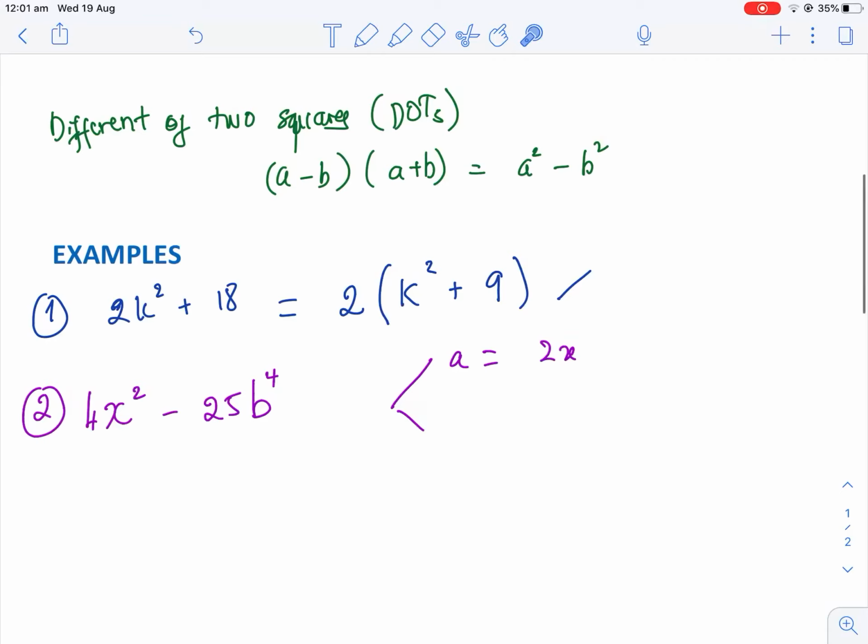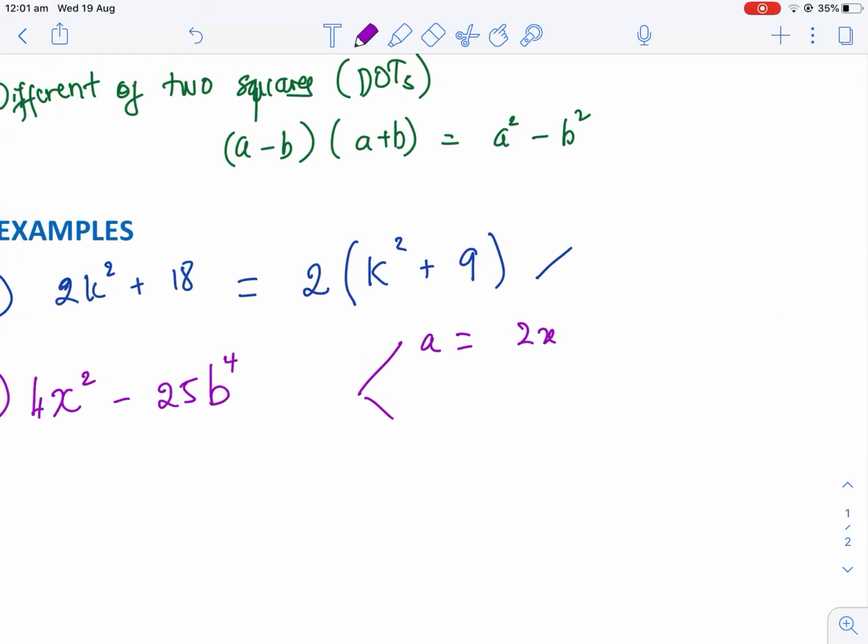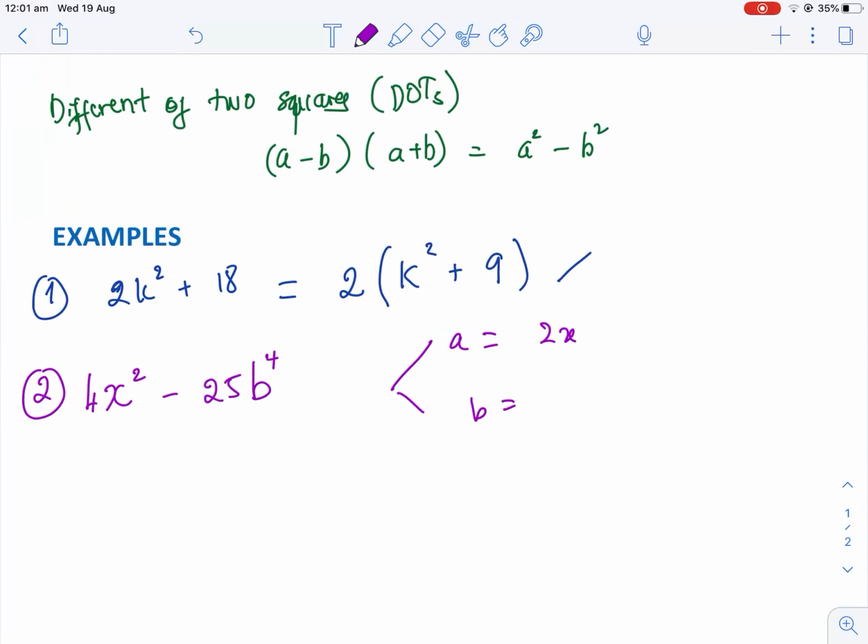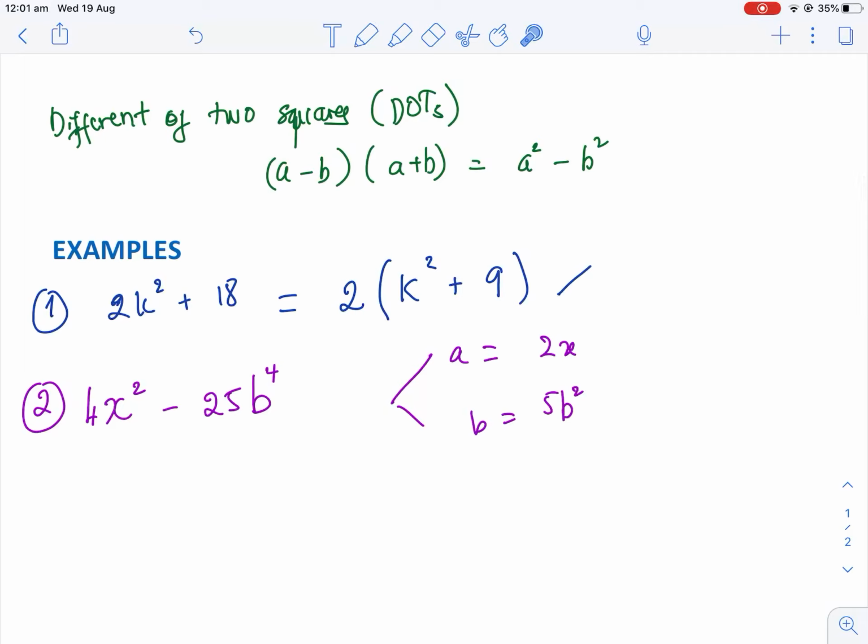Why? Because 2x squared equals 4x squared, exactly the same as this one. And I know that B is 5b squared. Again, 5b squared, the whole thing squared, is going to equal 25b to the power 4, which is exactly this one. So A is 2x and B is 5b squared.